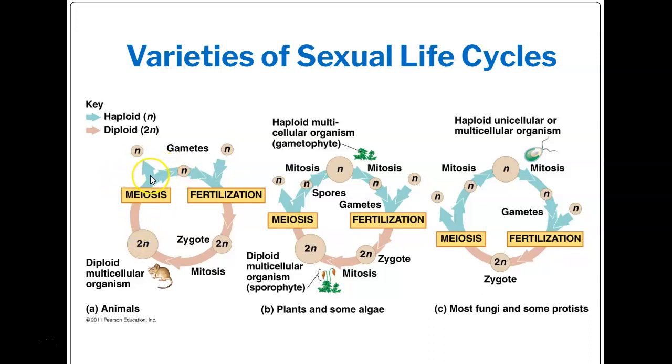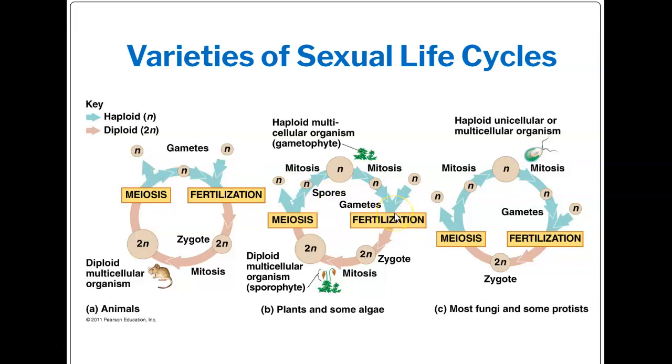So these gametes would be egg or sperm, depending on the sex of the animal. And then one of those gametes will come together with a gamete from another organism, each containing half the genetic material. It will then be fertilized, and voila, we now have a zygote that is 2N again. So that's why it's considered an alternation of generations. And we have it color-coded so that pink is diploid and blue is haploid for ease.